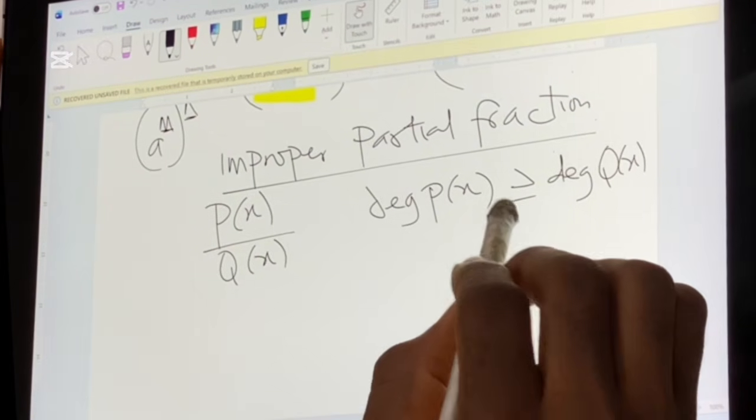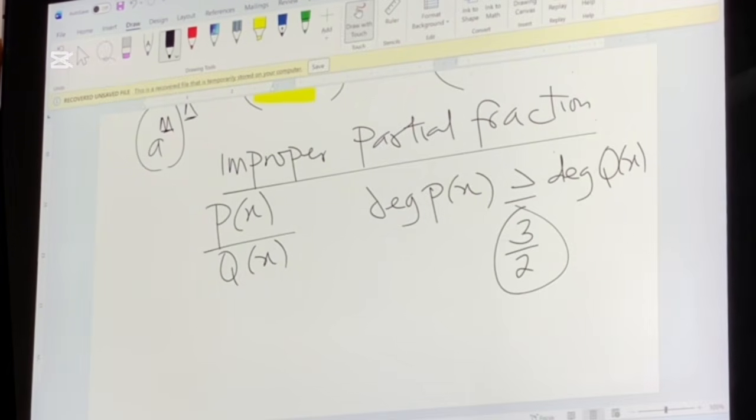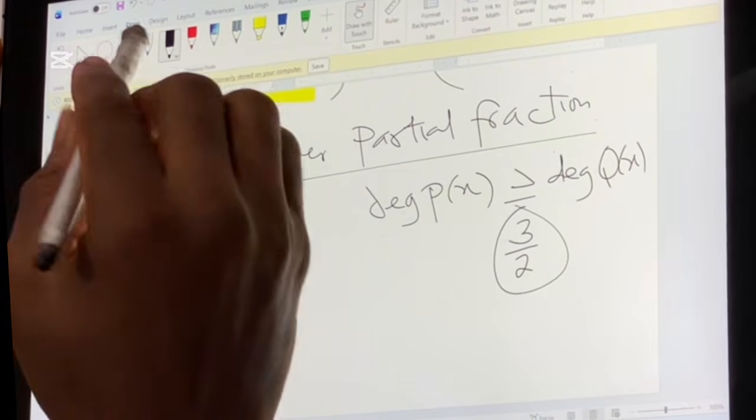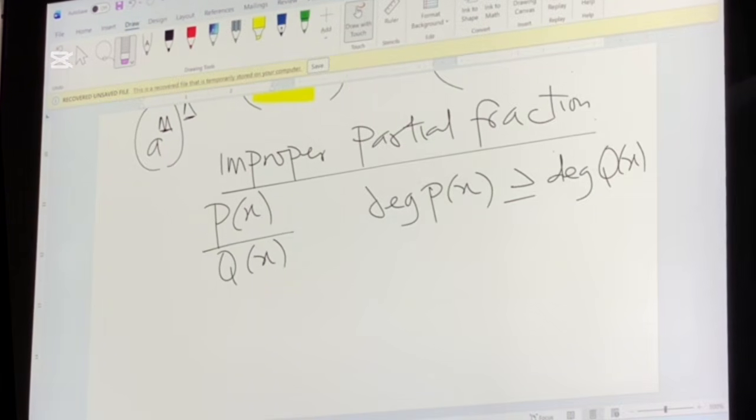Just like what you know, if I have 3 over 2, of course, this is an improper fraction. Now, let's consider the fractions here to know how to identify them.